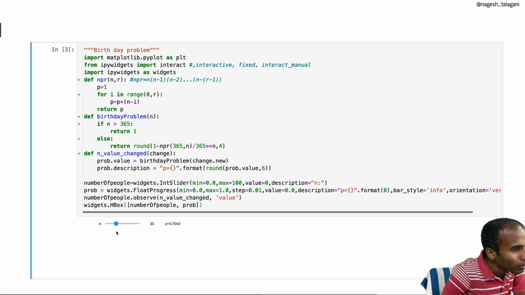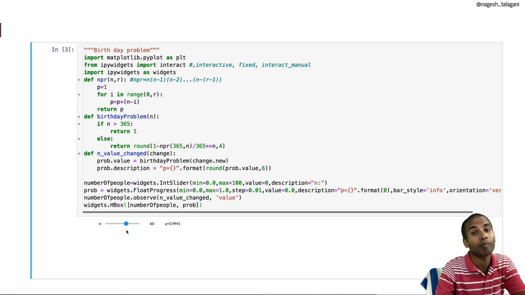For n equal to 30, the p-value is 0.7063. For n equal to 40, the p-value is 0.8912. For n equal to 50, the p-value is 0.9704. When n equals 60, the p-value is 0.9941.